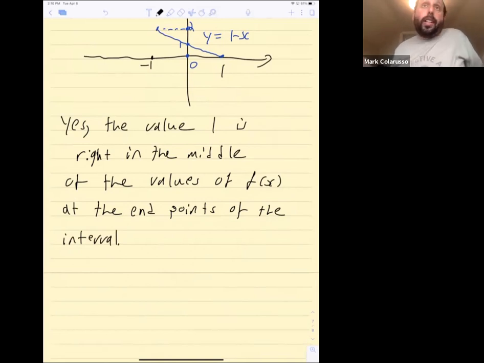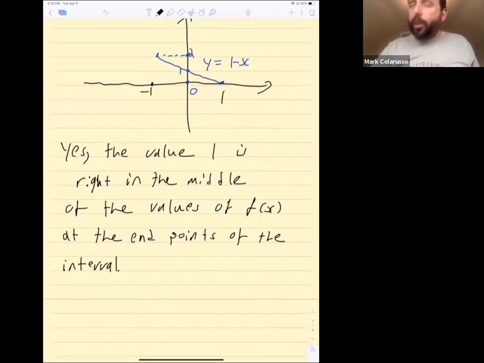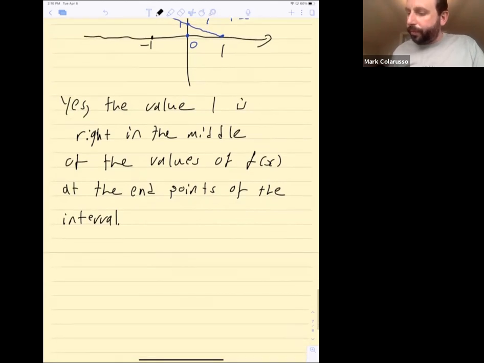In fact, it is the average of the values at the endpoints. So in this case, the average value of the function is the average of 2 and 0. It is literally the average of the value at the endpoints. That is not always true, but because we have a linear function, that happens to be true in this case. But I won't go further down that road.